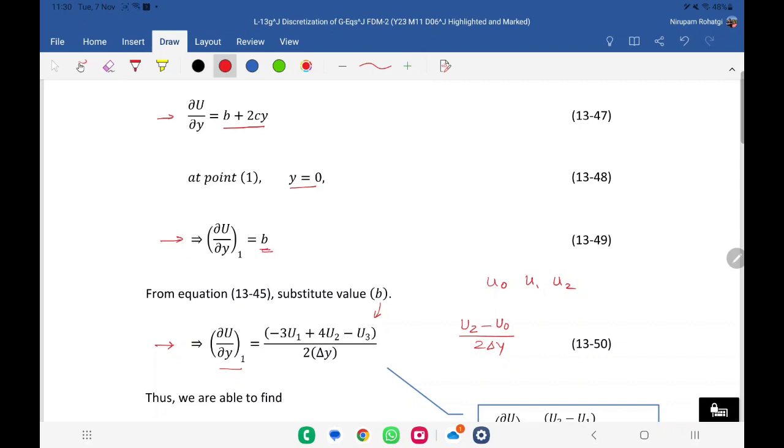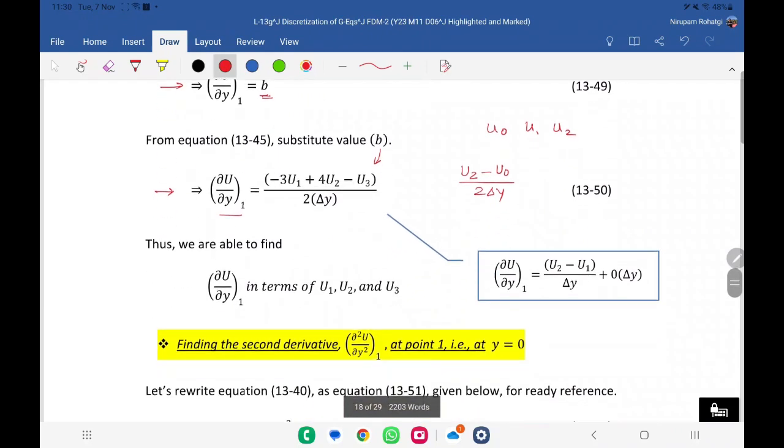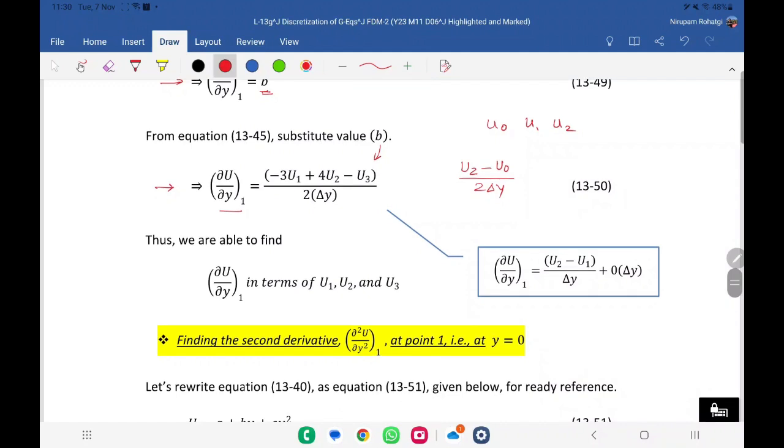That you know from the equation. And B you have calculated already. So if you had done this, this is the forward difference.